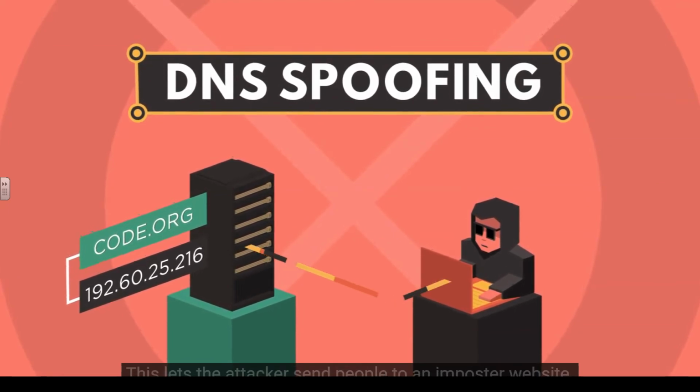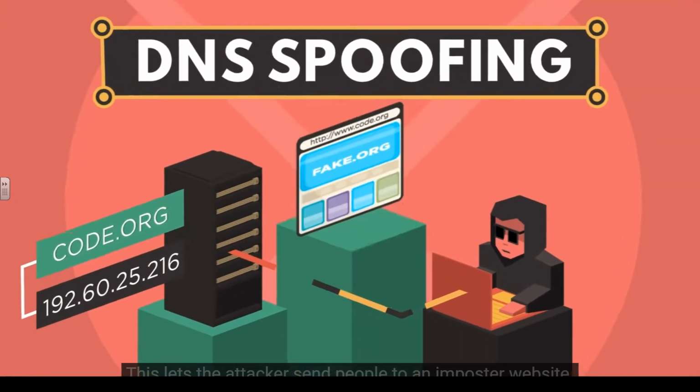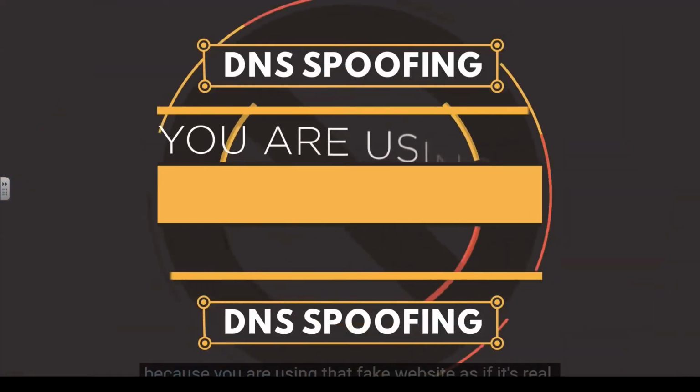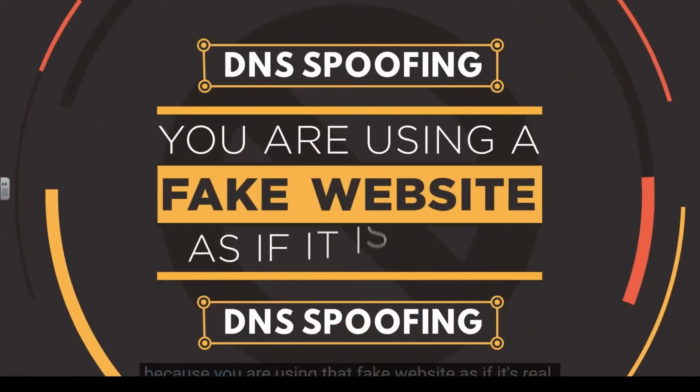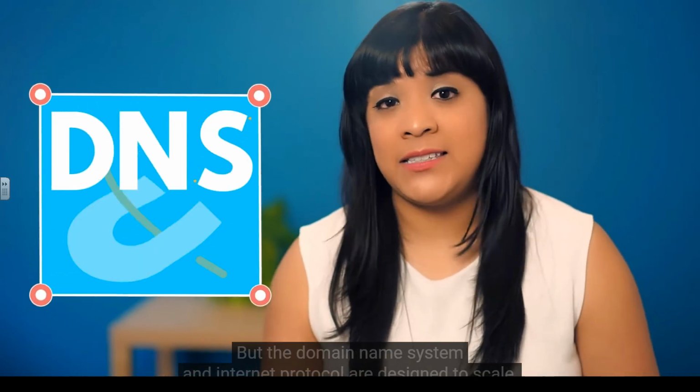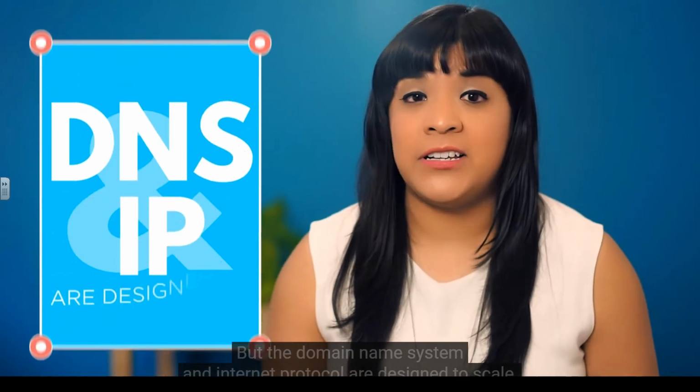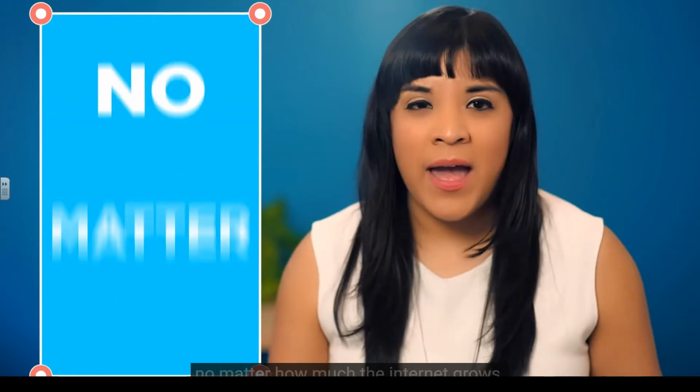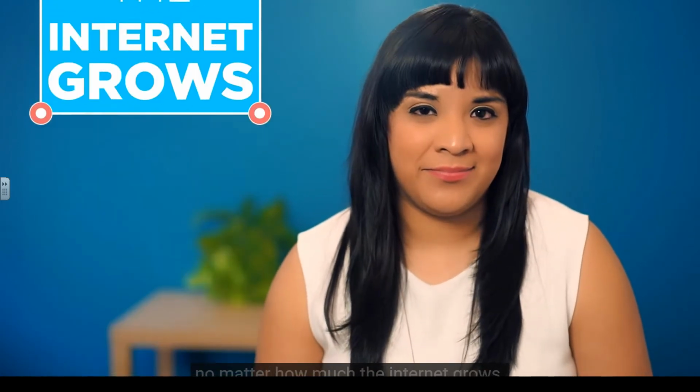This lets the attacker send people to an imposter website. If this happens to you, you are vulnerable for more problems because you are using that fake website as if it is real. The internet is huge and getting bigger every day, but the domain name system and internet protocol are designed to scale, no matter how much the internet grows.